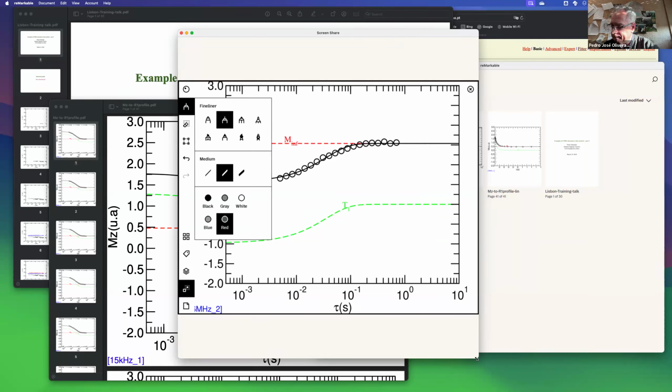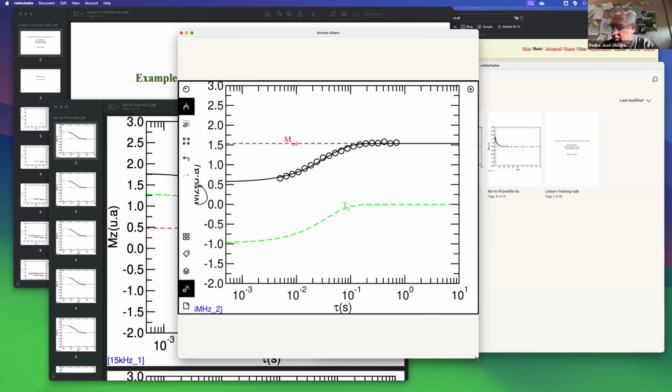Okay, let me choose a different color. Red. So this Mz component here is parallel to the magnetic field. We have a magnetic field, B naught, pointing up, and our z-axis is parallel to B naught.